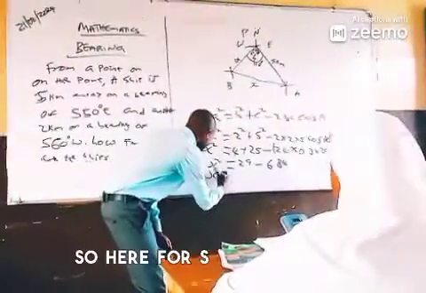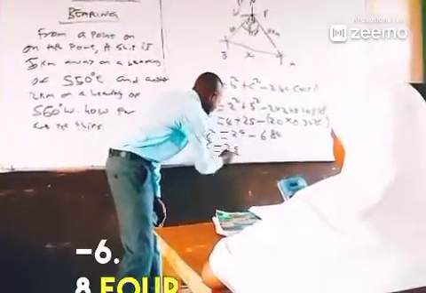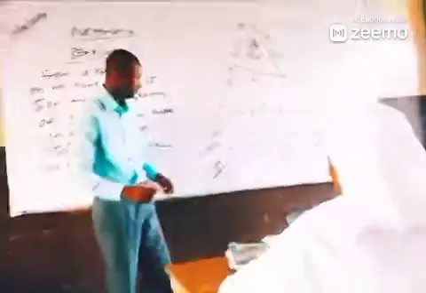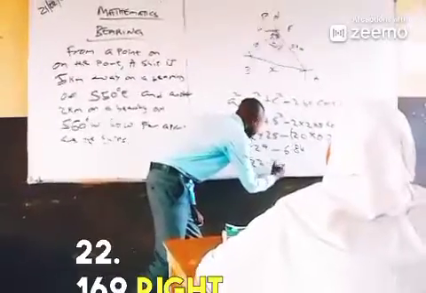So therefore, x squared is equal to 29 minus 6.84. Let's combine it together: 29 minus 6.84 is 22.16.